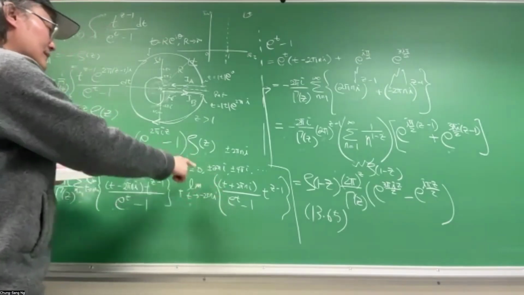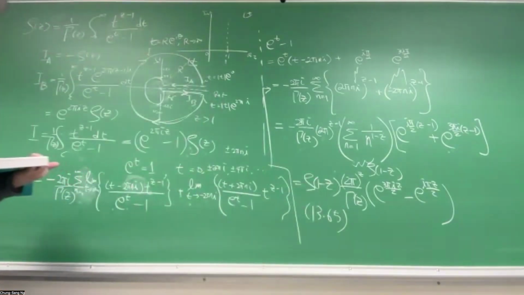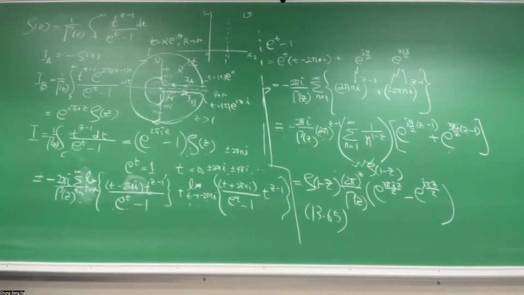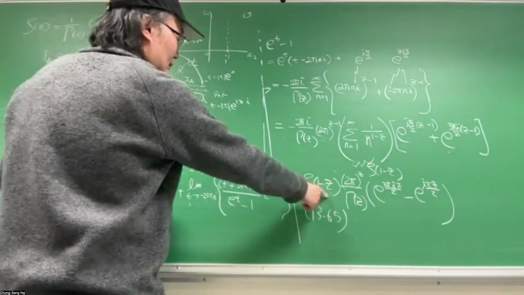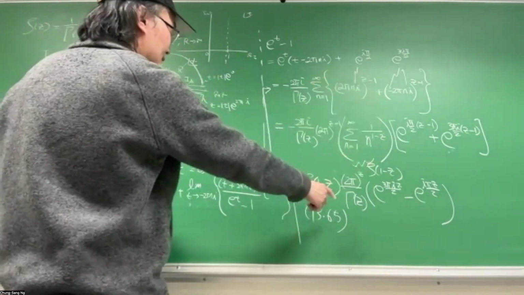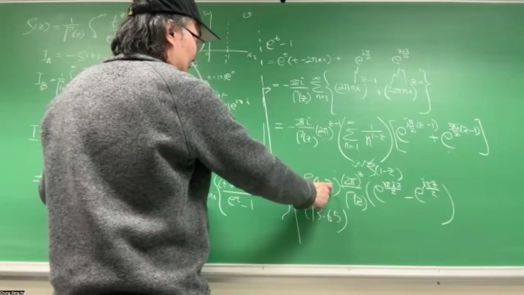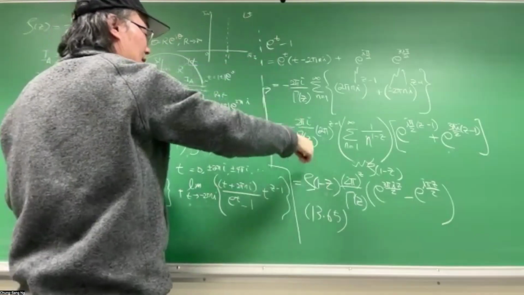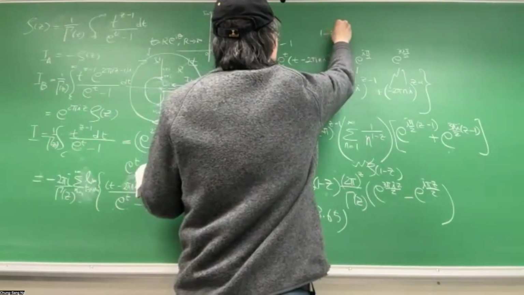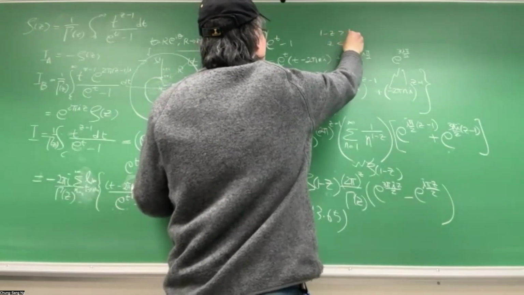So zeta z and zeta 1 minus z are related to each other, right? Say if this formula is extended to 1 minus z, if 1 minus z is greater than 1, then it means z is less than 0, right?